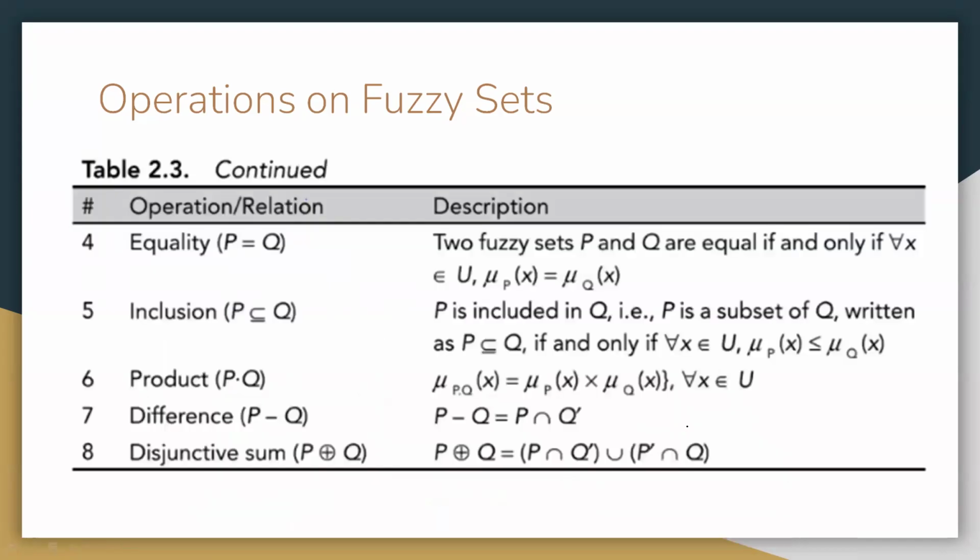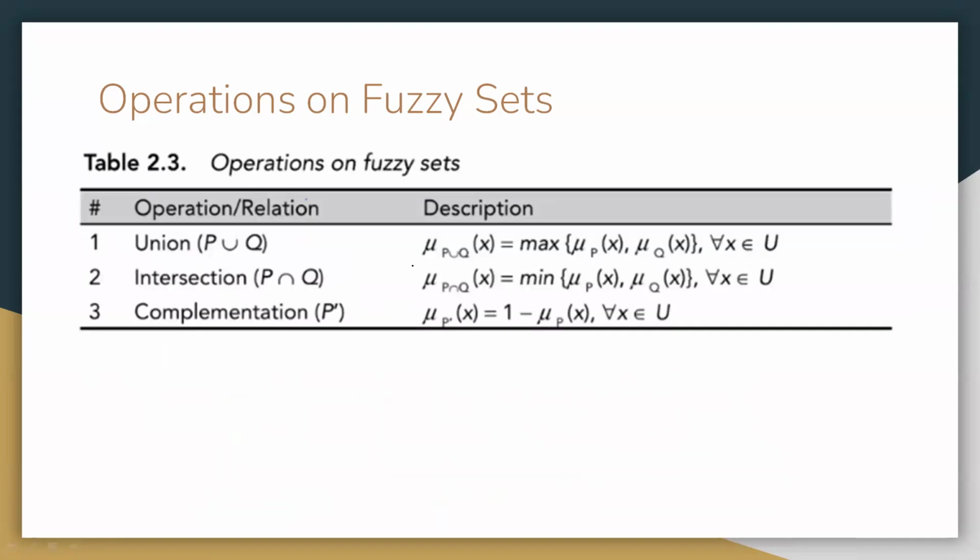But the property is written in such a way that, for the membership function, P union Q, the membership function of a value X, mu of X for P union Q, is nothing but the max of the membership function of P for a particular value X and the membership function of Q for that value X, such that X belongs to the universe of discourse.